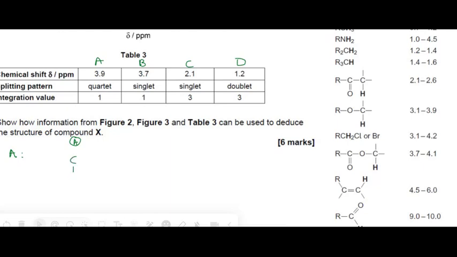So C, H, that's your proton A. It's a quartet, so it's next to a CH3. It's at 3.9, that's a carbon which is bonded to an oxygen. So this is bonded to an oxygen. And yeah, I think it will be bonded to something else, right?